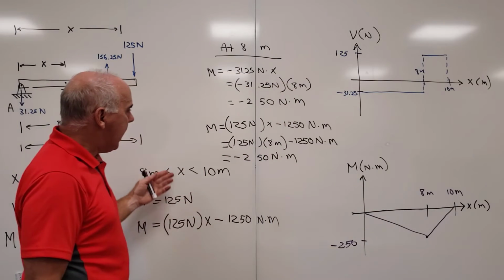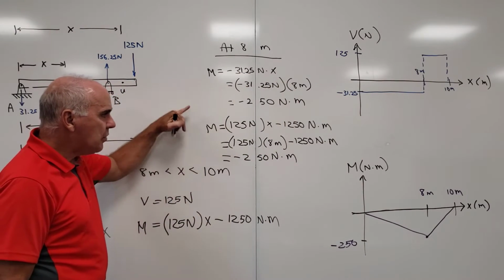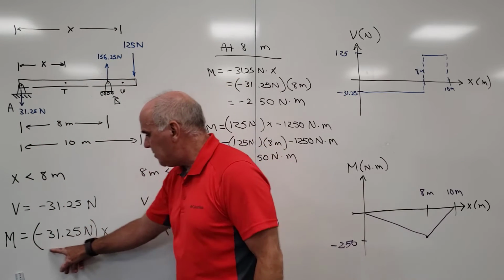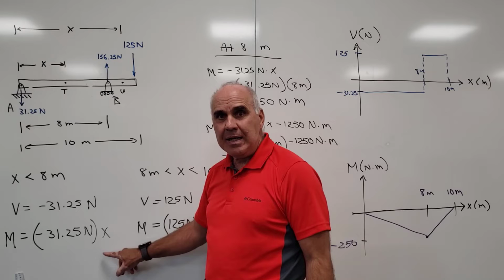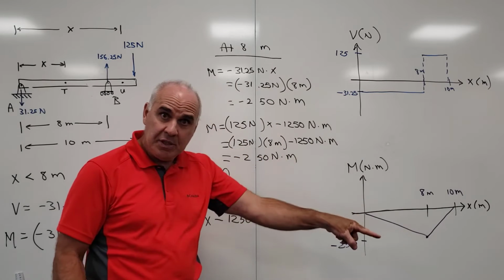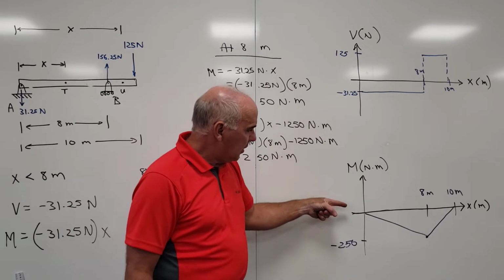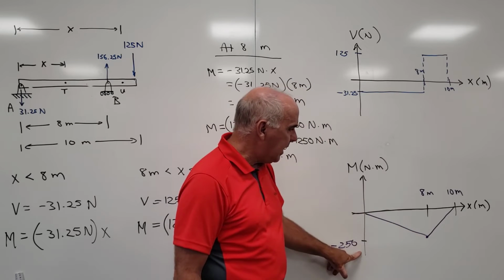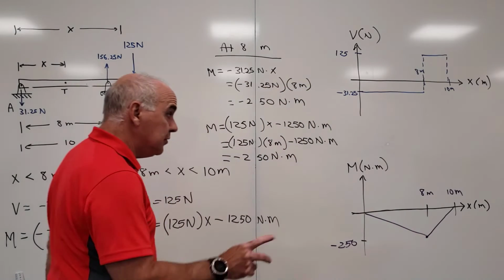But if I look at the moment equation, the moment for the first 8 meters is minus 3125 newtons times x. So that's a straight line with a downward slope. At this location it's equal to negative 250 newton meters.